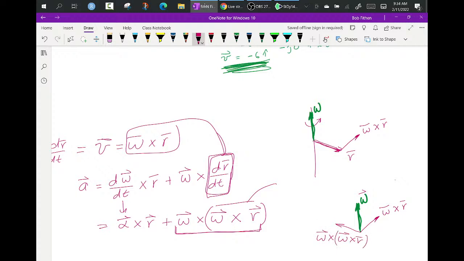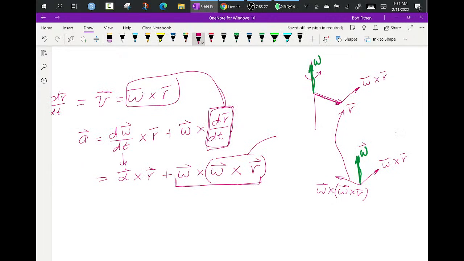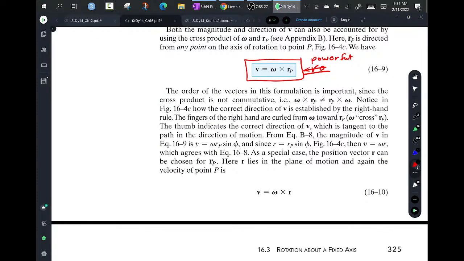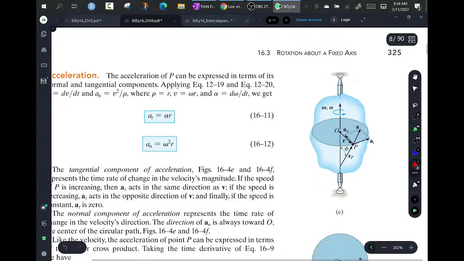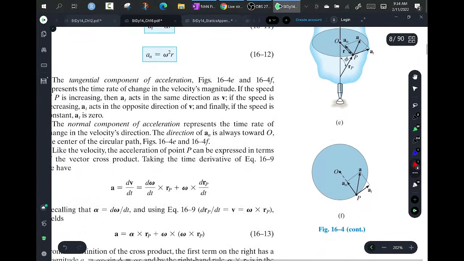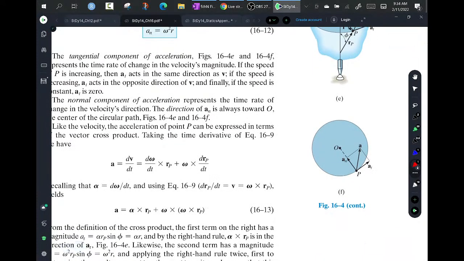But it turns out that that's always in the opposite direction of r. So what he does is he says the minus sign, the magnitude of omega squared, and then the r direction. And you'll see that in here. This is a simplification where he comes through here.